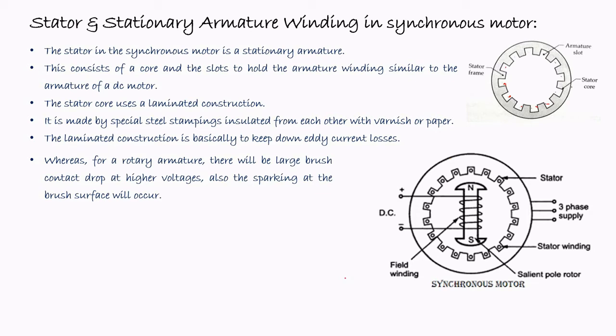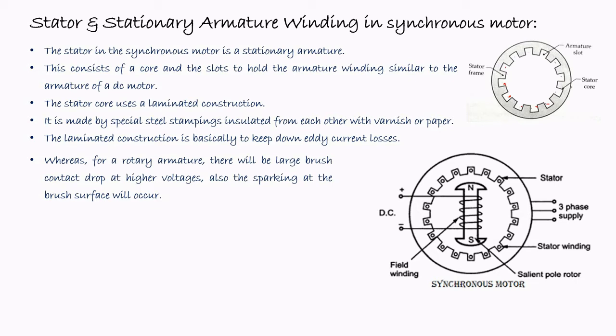As the armature winding is placed in stator, therefore there is no requirement of the brushes to give the power supply to the rotor armature or to take the induced EMF from the rotor armature. If we use the brushes, then for high voltage there is a chance of sparking. So that is avoided in this case.